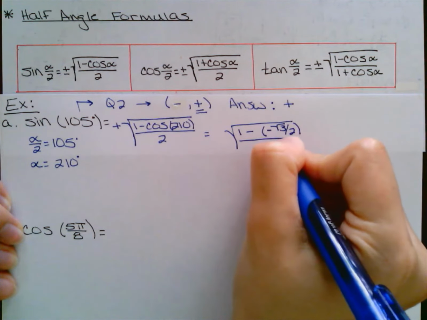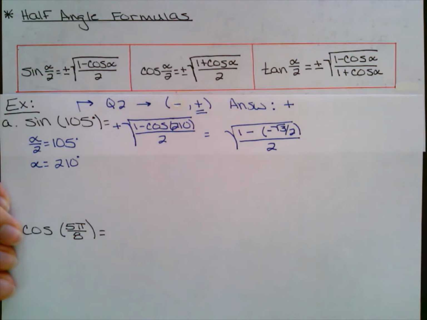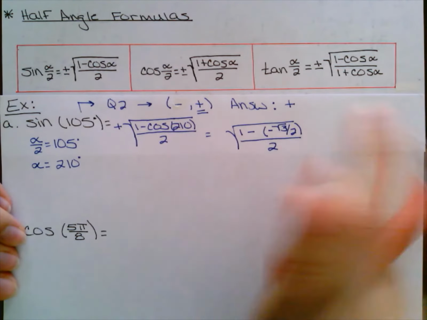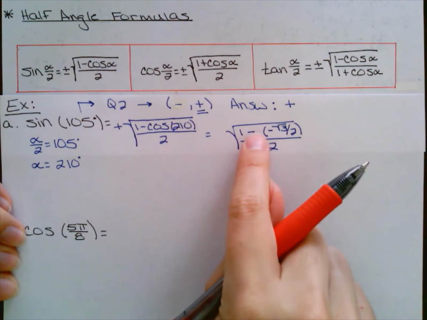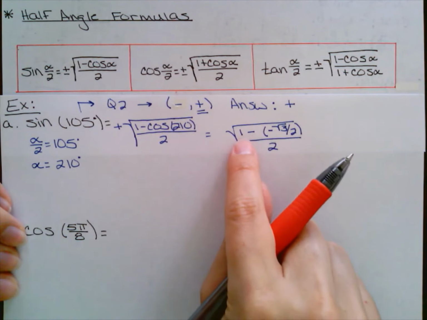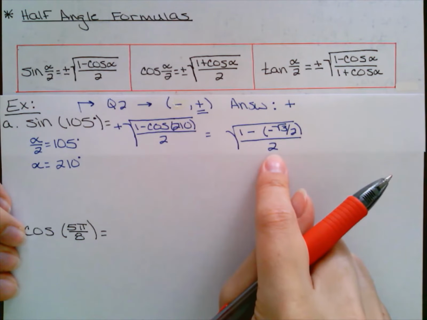All over 2. Okay, so this next step that I'm going to show you happens every single time you solve one of these questions. You could do this subtraction, which will become addition, get common denominator, then keep, change, flip. It is definitely an option. It's just lengthier.